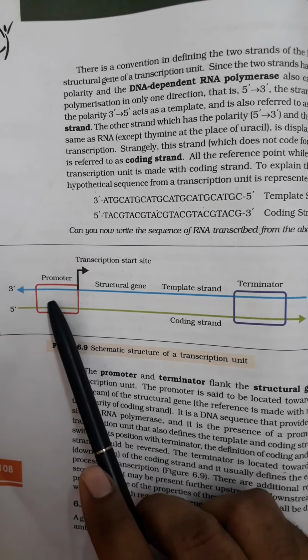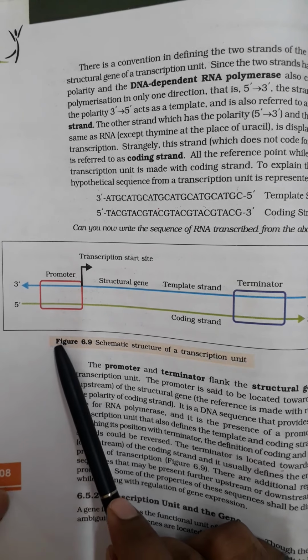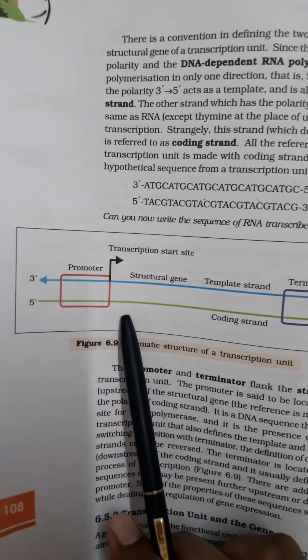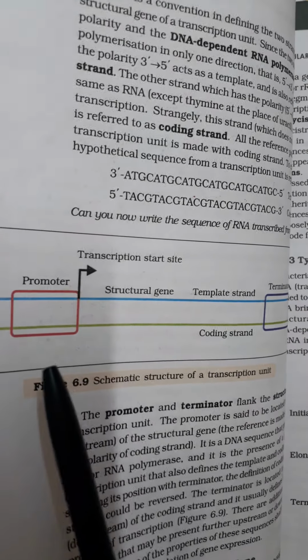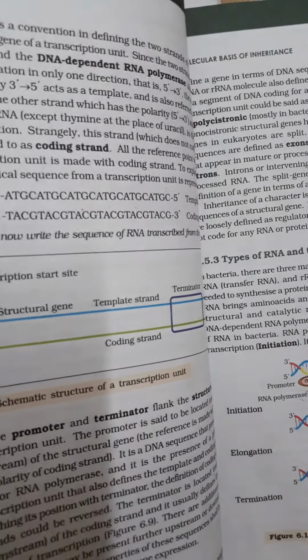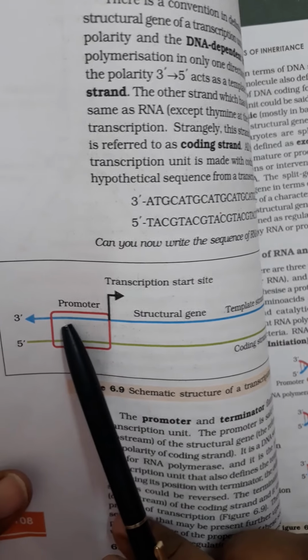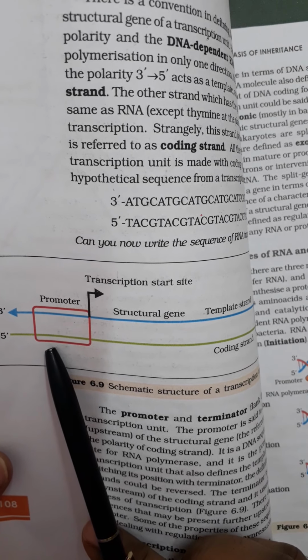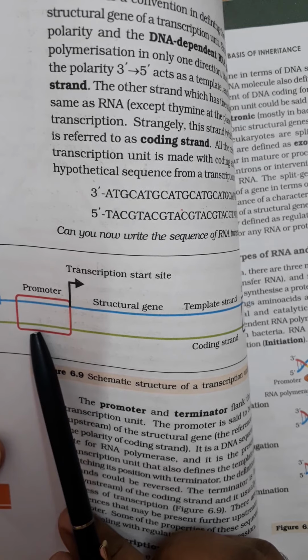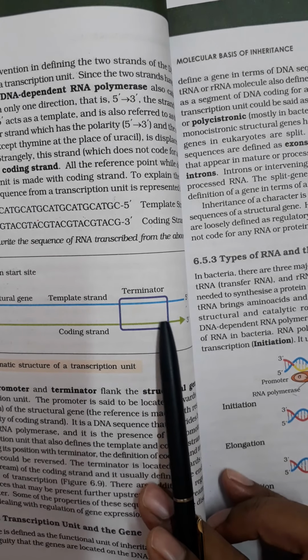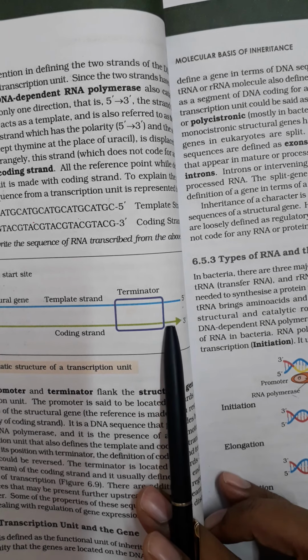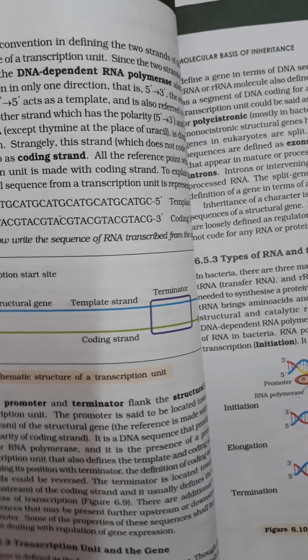So the promoter is located in which direction? The promoter is located towards the 5' end of the coding strand, and the terminator is located towards the 3' end.